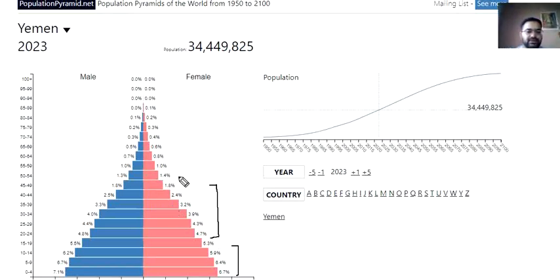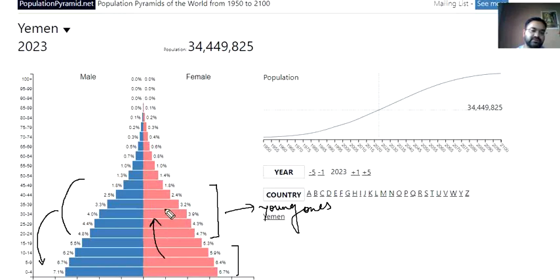So these reproductive individuals are going to give birth to the young ones. Am I right? Since their number is large, obviously they are going to support the base, means they are going to increase the base here. And those individuals which are present on the base are going to mature and will be transferred to the next phase, which is called the reproductive phase.